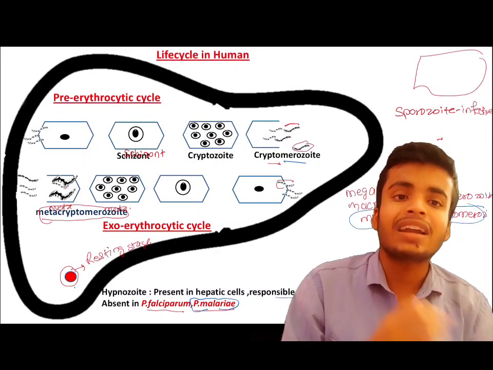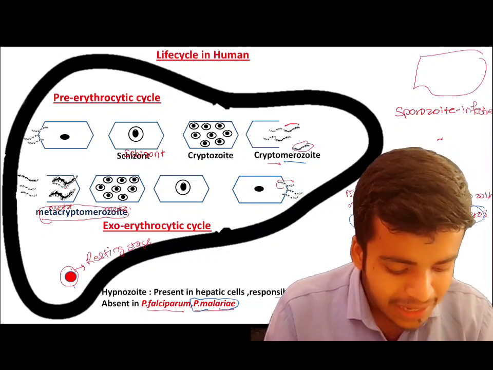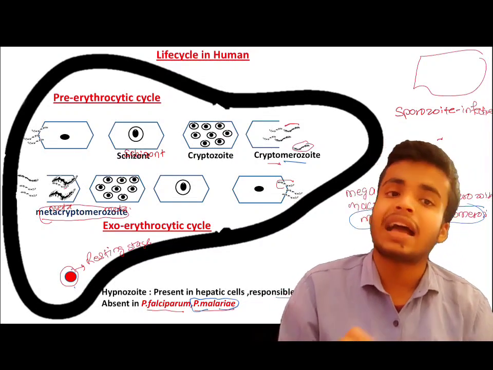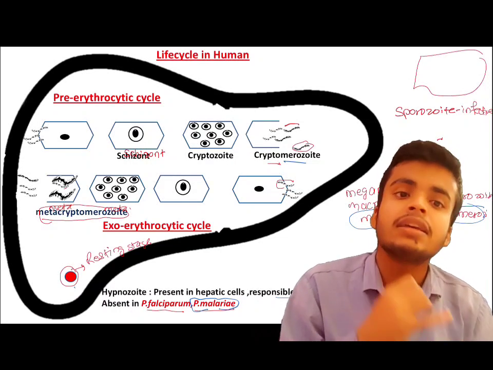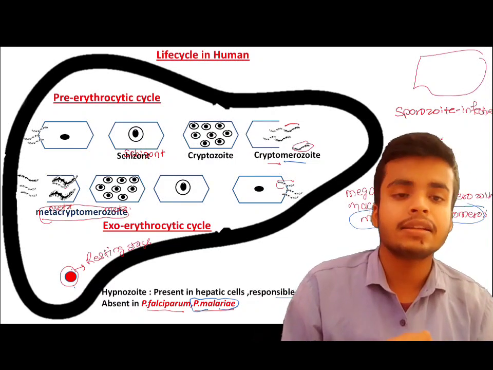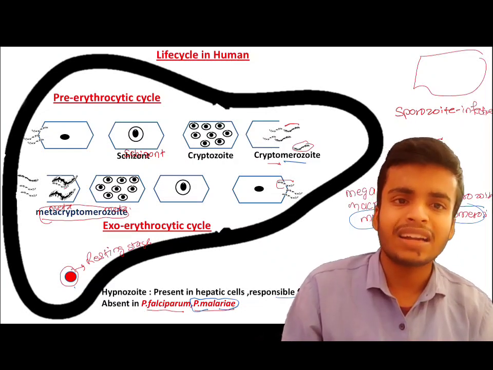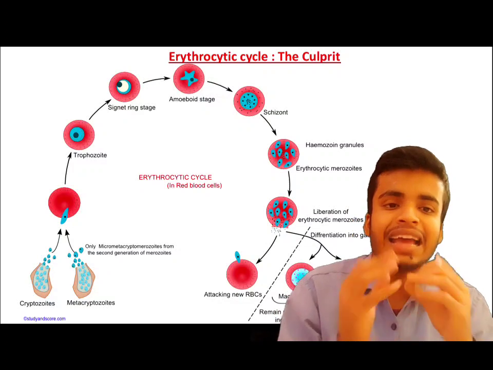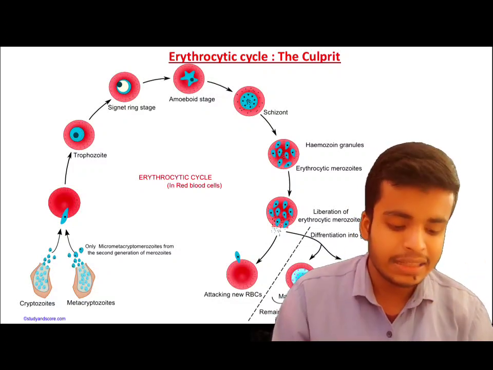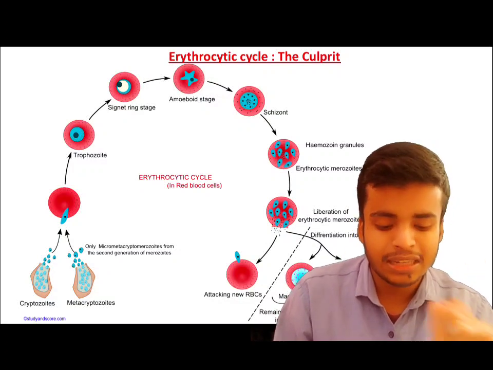Now let's see what happens when this micrometacryptozoite enters into the RBC. What does it manifest into? Let's see the erythrocytic cycle in case of human beings. These micrometacryptozoites are released into the circulation, and in the circulation they complete their erythrocytic cycle.